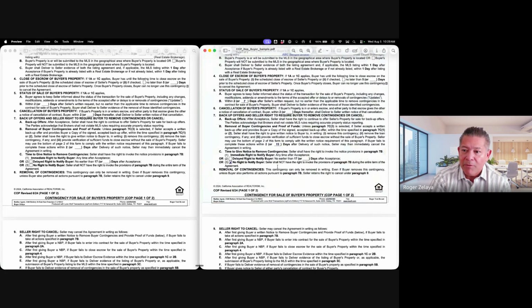Now, if I'm representing the buyer, I don't care what you have. I don't want to give the seller the right to notify the buyer and invoke the provisions in paragraph 7B, which is the removal of contingencies. On the left, we have the listing agent representing the seller's perspective. The buyer's perspective is completely different.